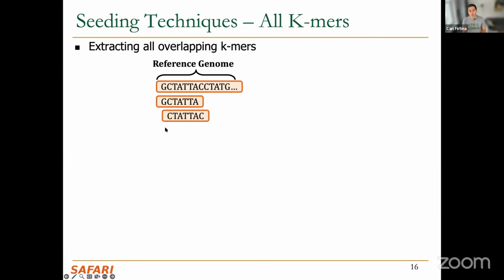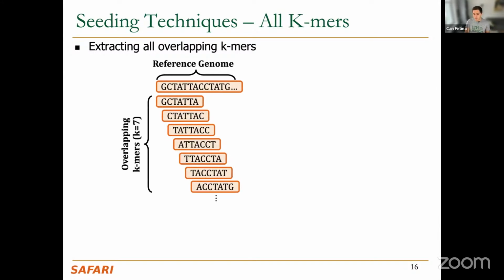The next k-mer would be the next subsequence that we would extract after shifting this window by 1 character, right? So we were here initially, now we're shifting by 1 character, and now we're here. So this is what we have now. This is the second k-mer. And then we extract the other k-mers by shifting again 1 character, and so on until we reach the end of the reference genome. So this means that now we extracted all the overlapping k-mers.